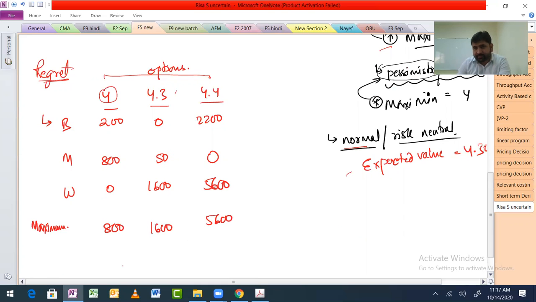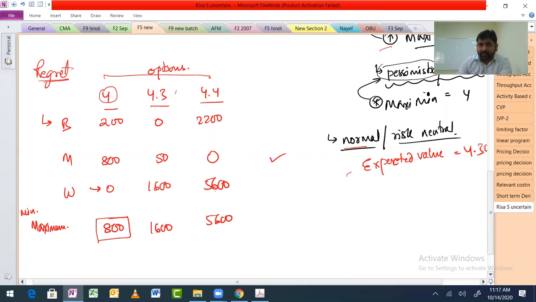Correct? Now minimize this. So point is, if I choose option 4, either I will be the happiest guy, or the maximum regret that I'm going to have is 800. But if I go for this one, if I go for 4.4, then what can happen?